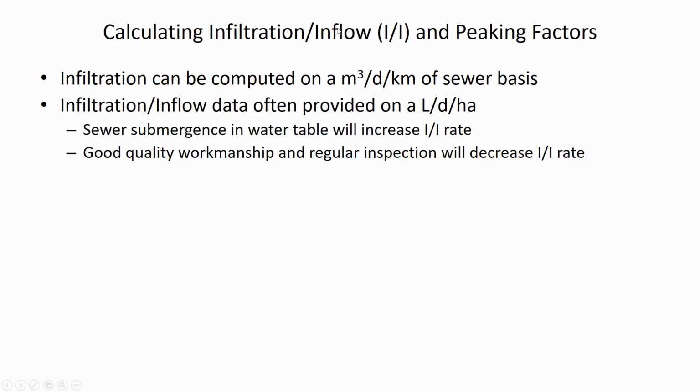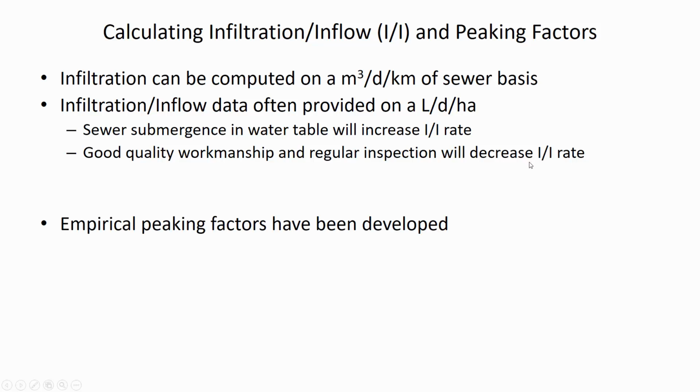Now, infiltration and inflow, remember those flows that are related to cracked pipes and wet weather. Well, having an effective inspection system, making sure that the pipes are laid out on good subgrade base, good workmanship, and making sure that they are inspected regularly and trying to repair the cracked sections will decrease how much I&I there is.